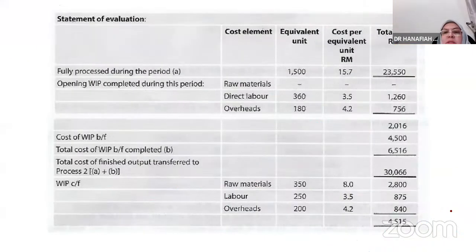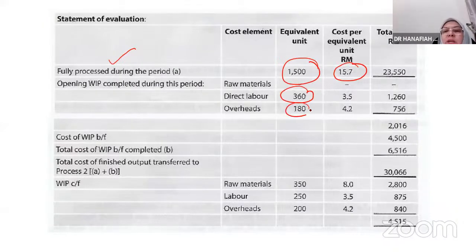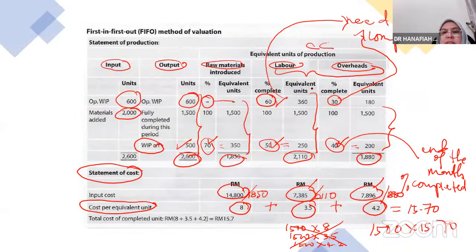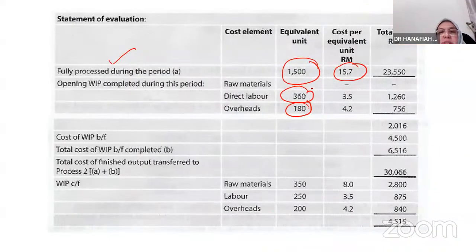We look at the statement of evaluation: fully completed is 1,005 times 15.7, and the opening is 360 and 180. Where do I get this? It is from here, 360 and 180.